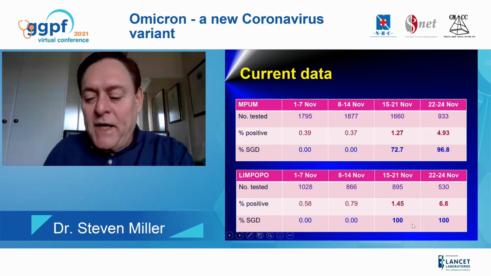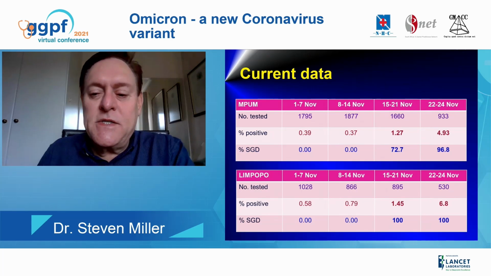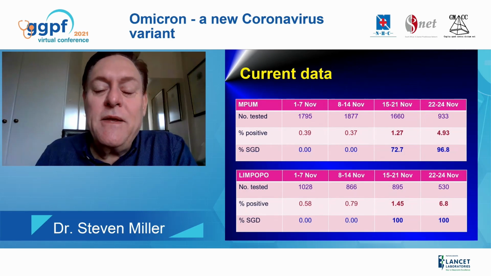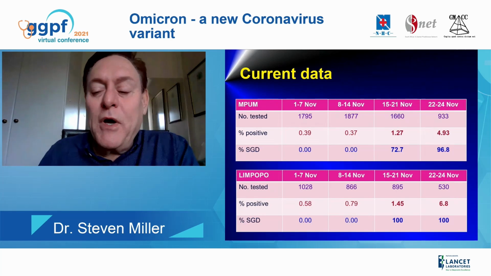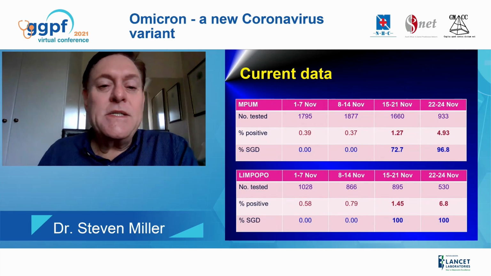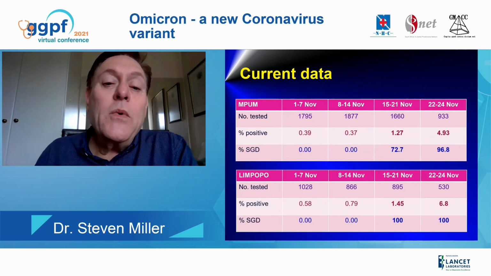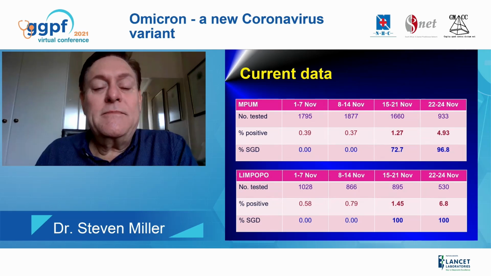So we're certainly at the beginning of something new and concerning. Does it mean we have to change anything we do? At the moment, there's no indication that different interventions are required. Are we looking at something which could be extremely serious? We don't know.